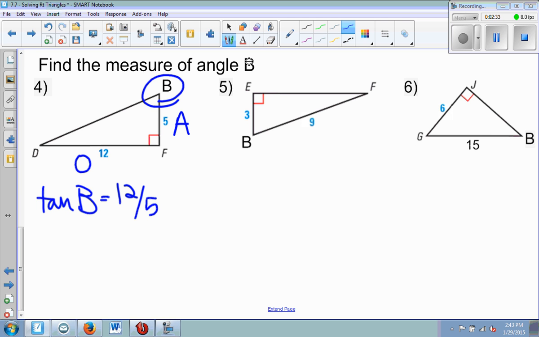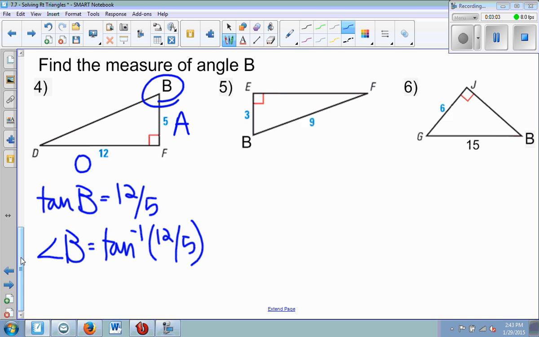over the adjacent side. Well, what we said earlier was that if we wanted to figure out what an angle measure was, we're going to use our inverse trig ratios in the calculator. So instead of typing in tan in the calculator, I'm going to type in tan inverse of 12/5 in the calculator. And what the calculator will do then is it will tell me exactly what the measurement of angle B is.